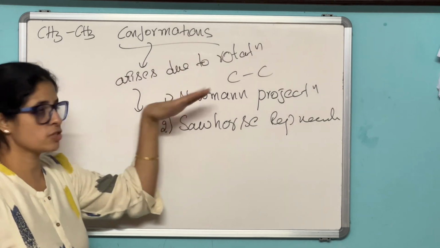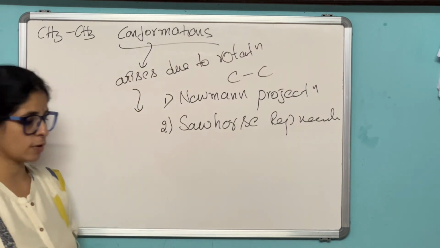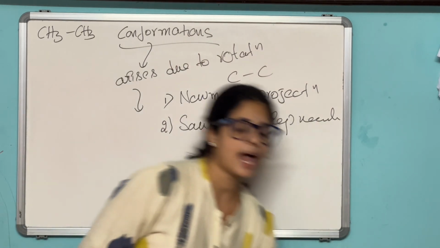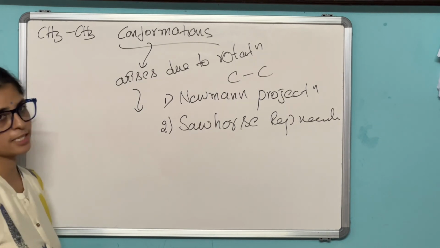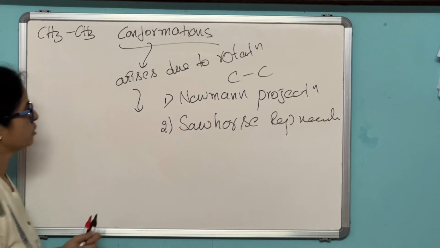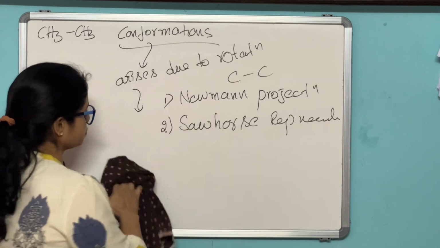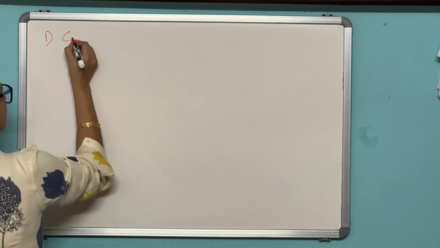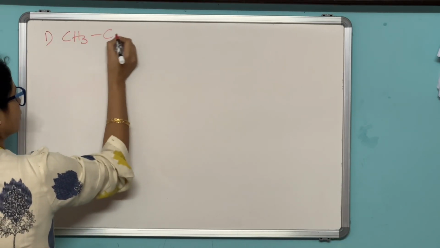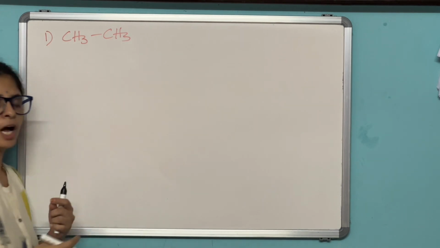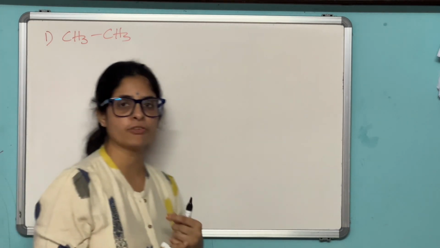What are conformations? They arise due to the rotation around the carbon-carbon single bond, and because of that there is a change in the spatial arrangement. First we'll discuss ethane. How to write the Newman projections of ethane?